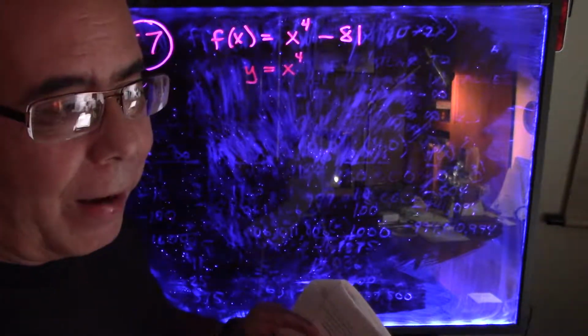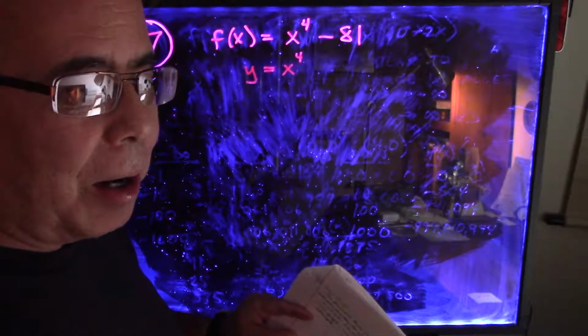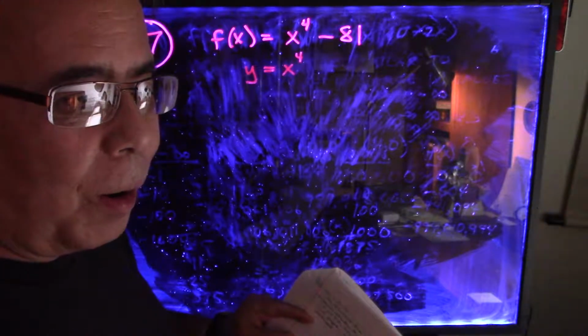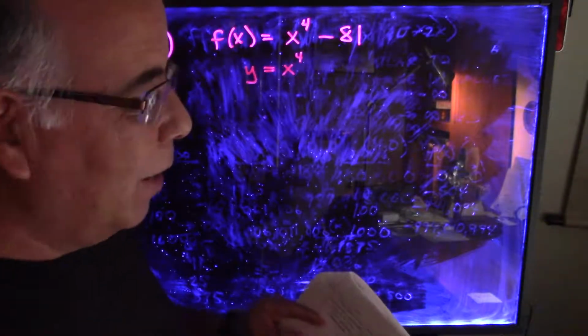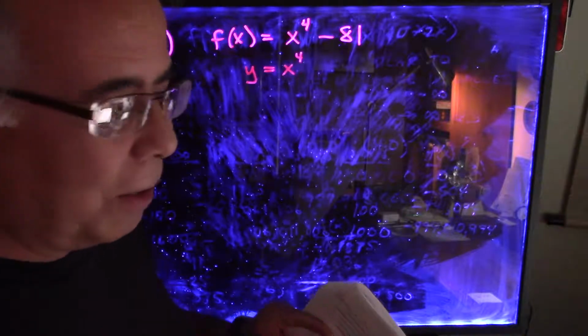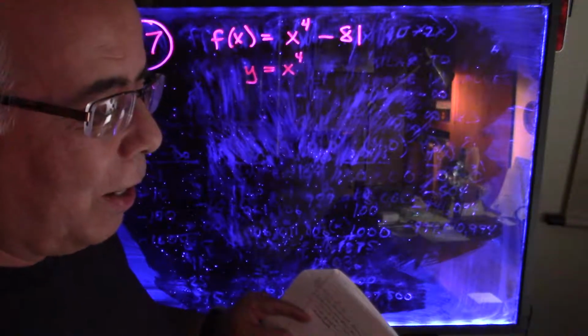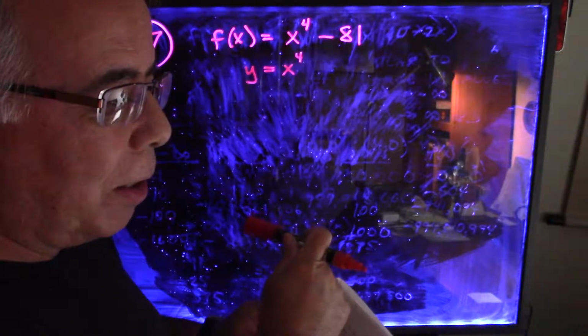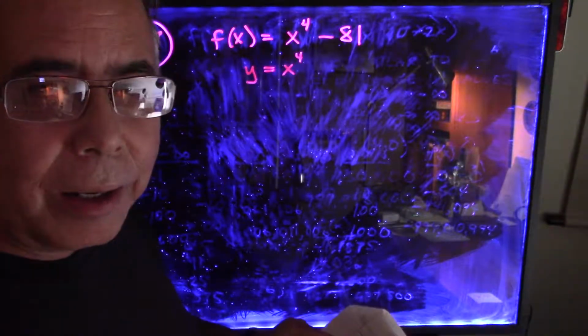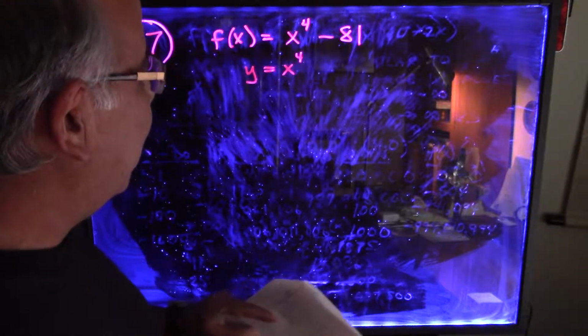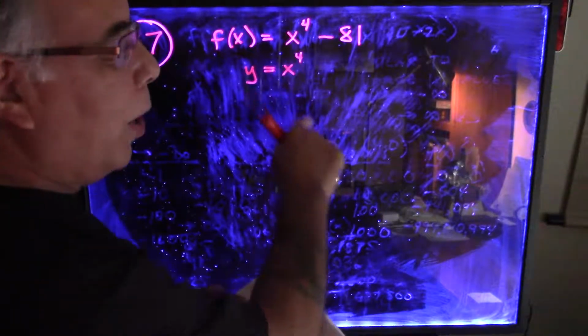Instead of saying absolute value of x gets large, I could say as x gets large or gets very small, if you want to think of negative numbers as being small. That's kind of awkward to say, because you've got two things you have to say. In other words, as x goes to the left on the number line really far, or as x goes to the right on the number line really far, then it starts to look like y equals x to the fourth.